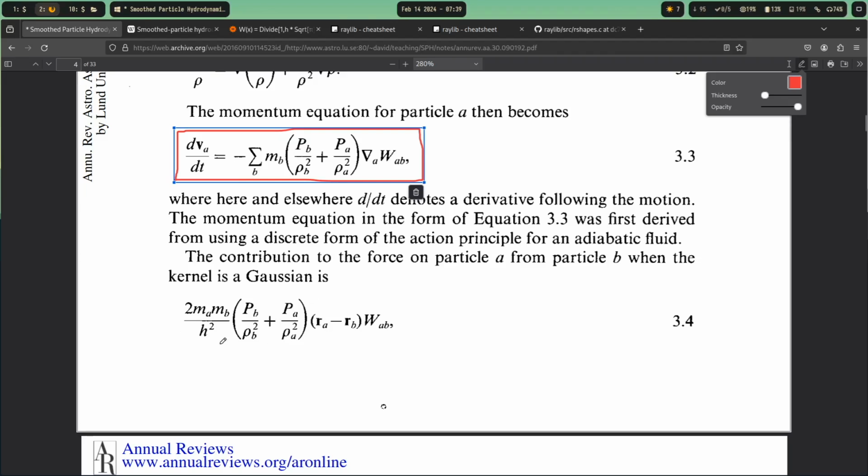Oh yeah, and here it also gives us, if we use that Gaussian part thing, the derivative. So here comes the h squared, and I think also the 2 is from there. And m_b is just because you multiply this with the mass to get the force. You multiply acceleration with mass, get the force. So with ma.